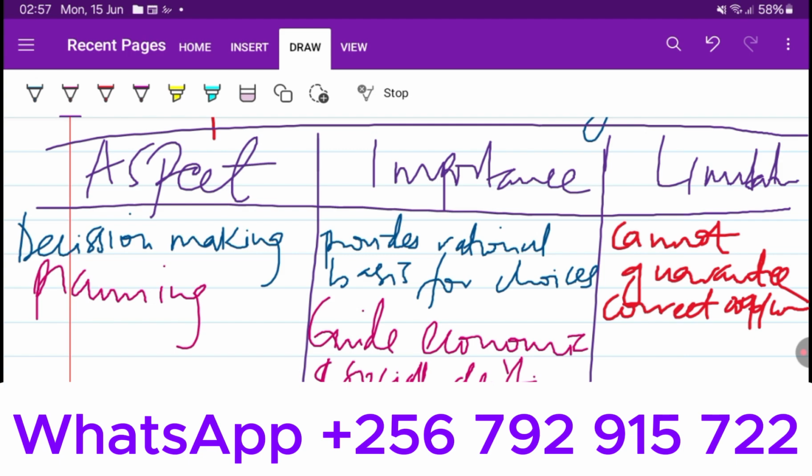Of course, when we are planning, we can plan things in financial terms that can help us to do the development.